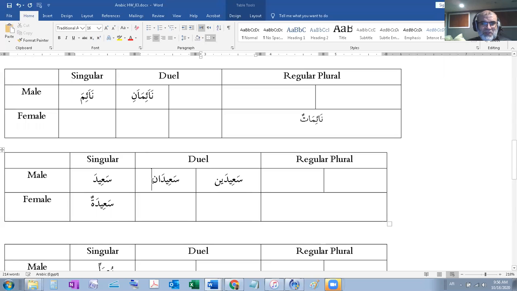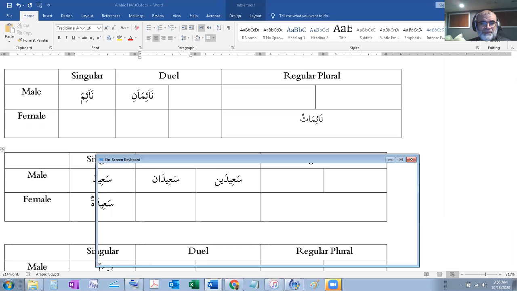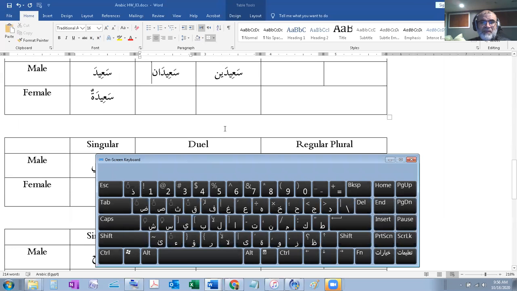So it becomes Sa'idani and Sa'idaini. Sa'idani or Sa'idaini. This one is marfu'. We will learn about marfu', mansub, majroor, majzoom later on. This one is marfu' and this one is otherwise, not marfu'.